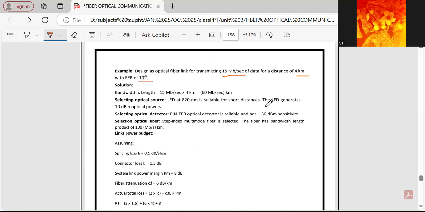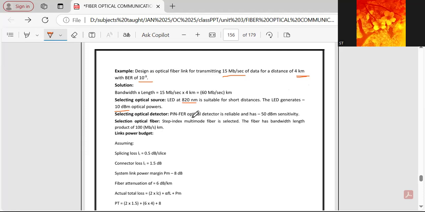Now we have to select the optical source, optical detector and the optical fiber. We have selected an 820 nanometer LED as the optical source because the distance between transmitter and receiver is only 4 kilometers. This is a very short distance, so an 820 nanometer LED is used and it generates 10 dBm optical power.